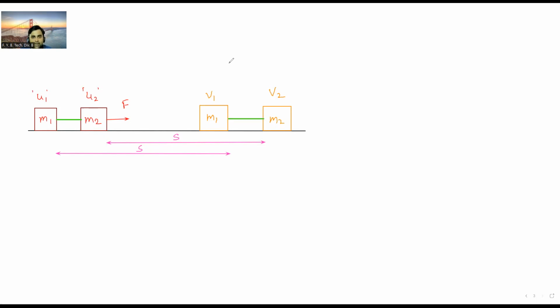Now for this, if I apply the work energy principle, what does the work energy principle say? Work done is equal to change in kinetic energy. Here, if I calculate the work done, you know the formula for work done.